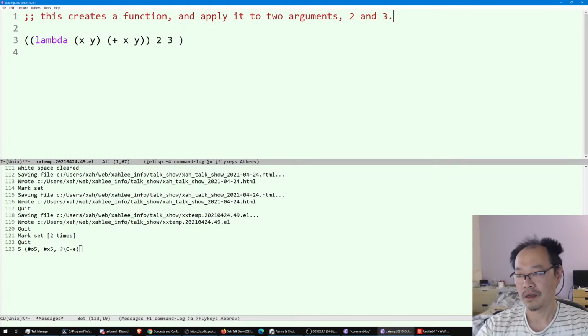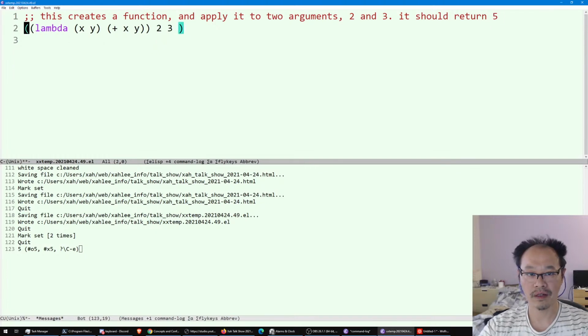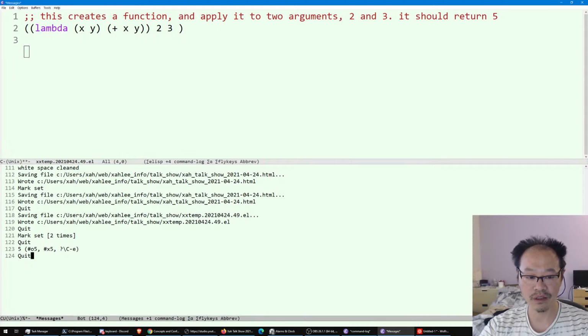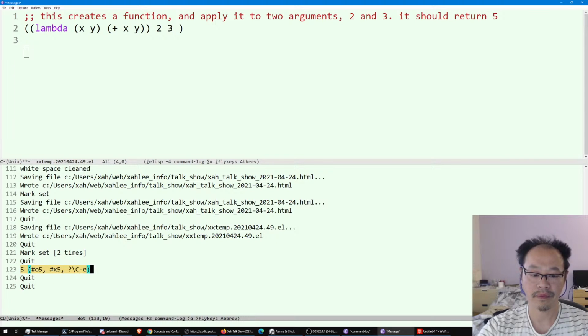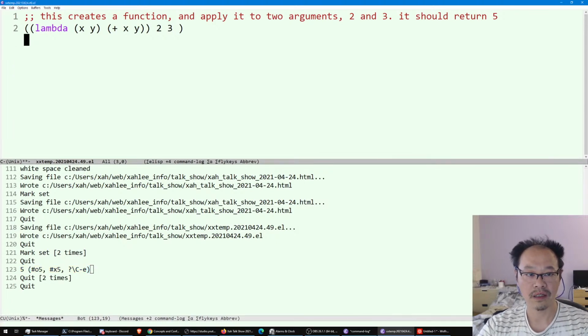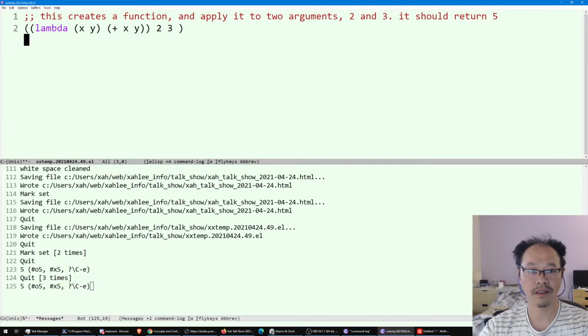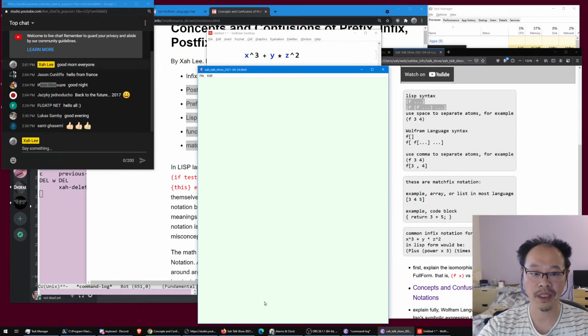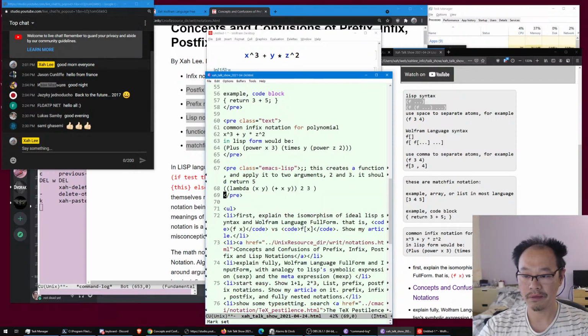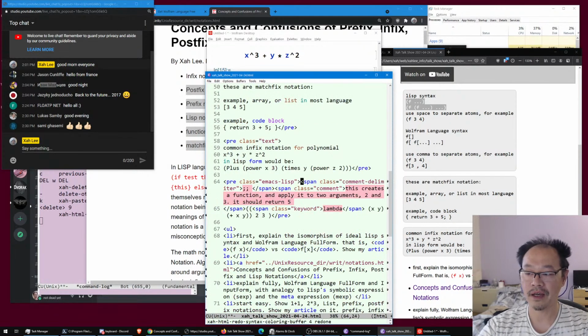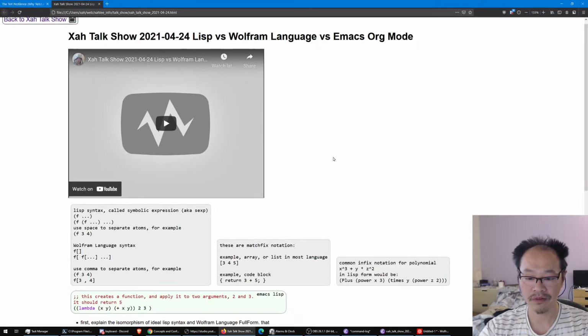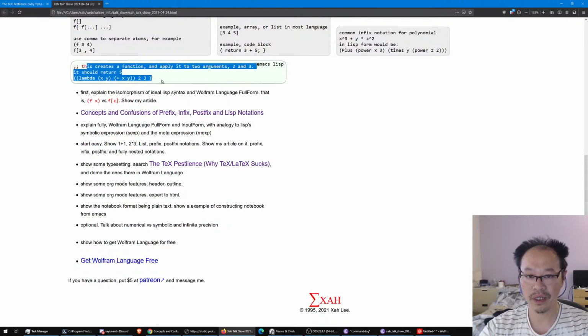It should return 5. Now if we evaluate it, you'll see 5 in this message buffer. Let's do it again. Evaluate, you see 5. So this is Lisp. Let's copy it, paste it here, prettify, show in browser, magnify, so we have our code there.